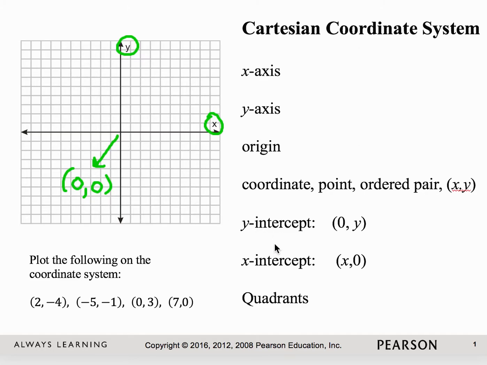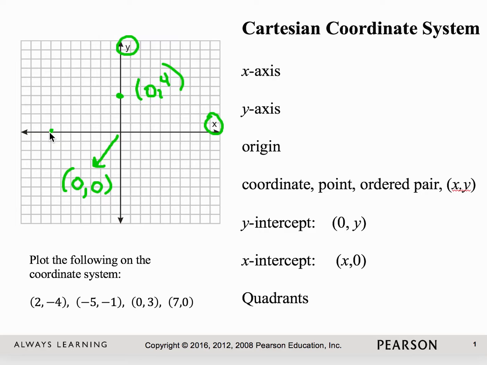Okay, the intercepts are points that are on the actual axes. The y-intercept means you've got a number on the y-axis. So the x is always going to be 0, because I'm looking at numbers up and down on here. That's when x is 0. So this is the point, the coordinate: 0 for the x, but 1, 2, 3, 4 for the y.